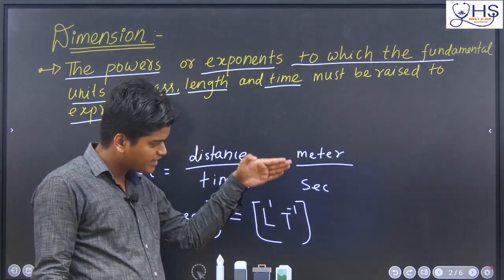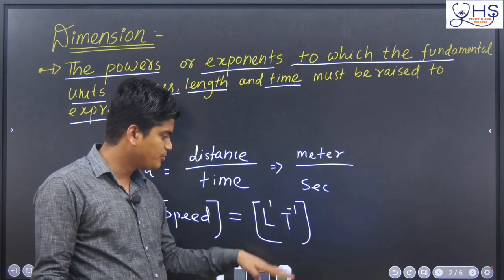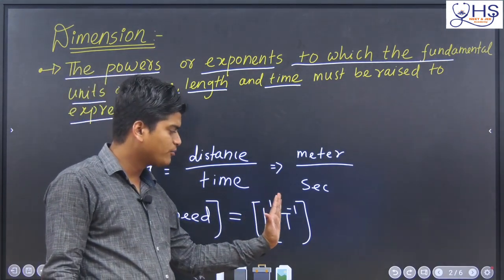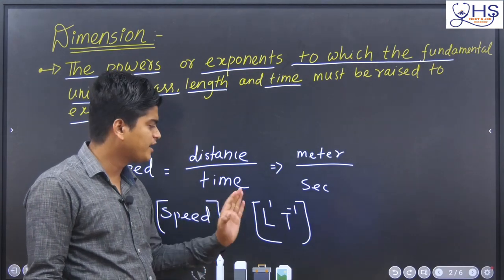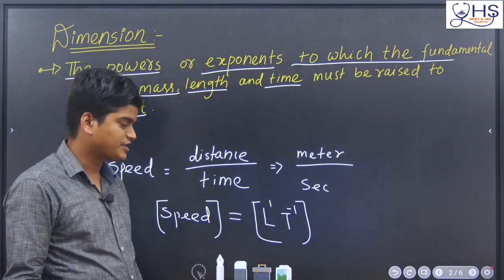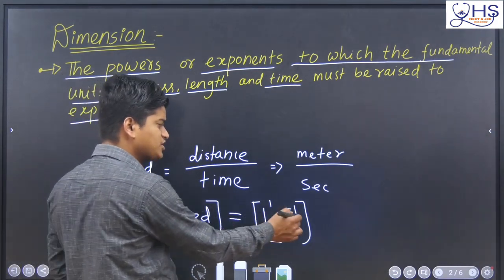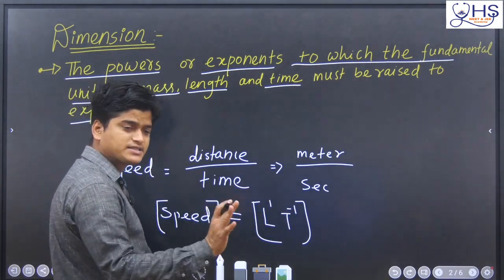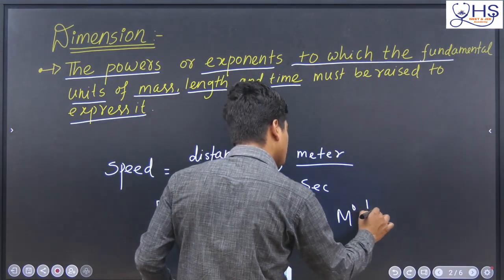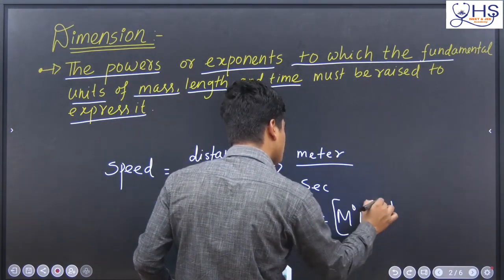Minus 1 time means it is in the denominator, so the numerator is L and the denominator is T. Here there is no information about mass, so mass will be to the power 0, length to the power 1, and T to the power minus 1.